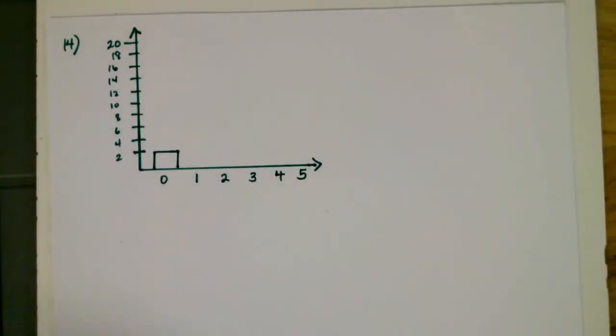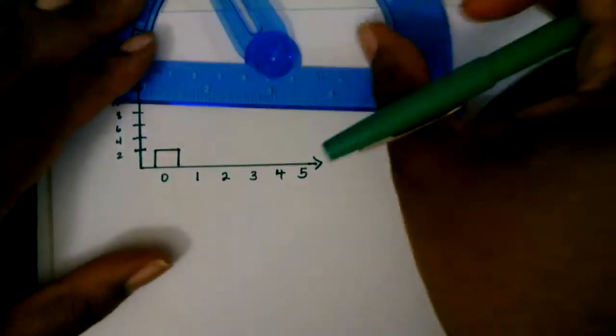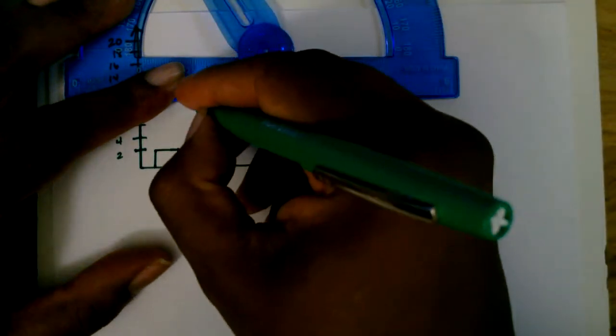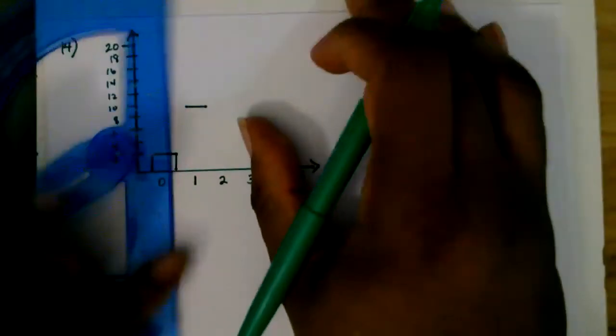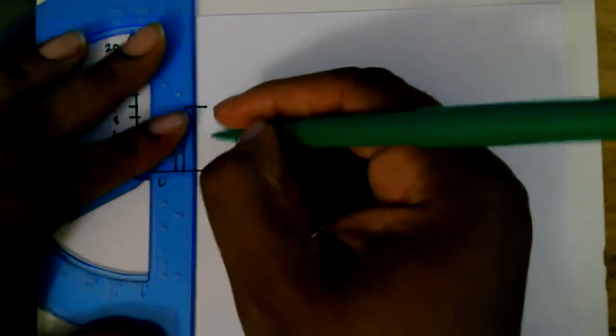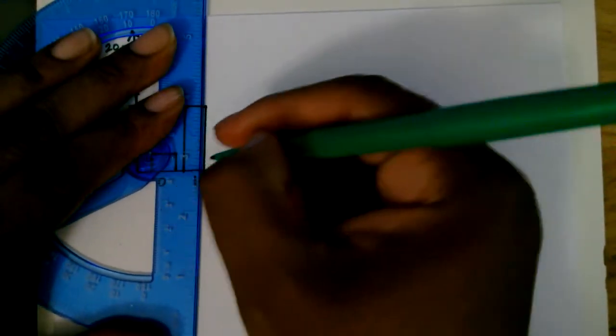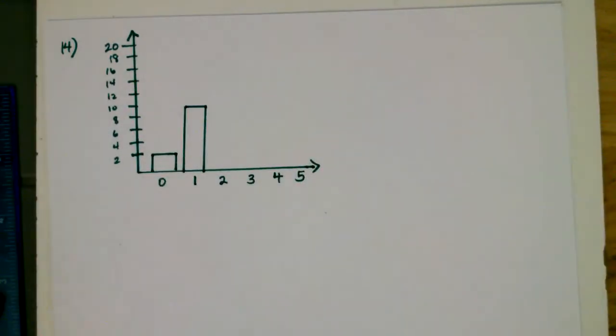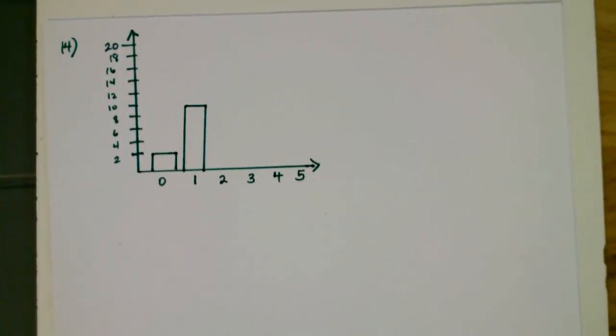That frequency was 10. So the height of the bar will be at 10. So here's 10 right here. So draw another bar like this. And then for 2, it was 20. So the height of the bar will be at 20.